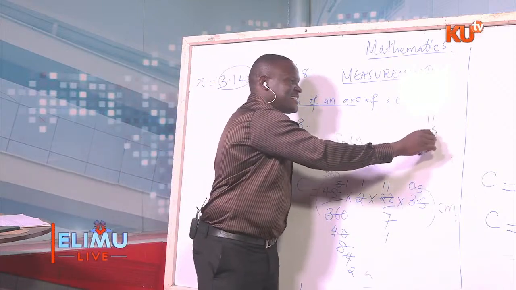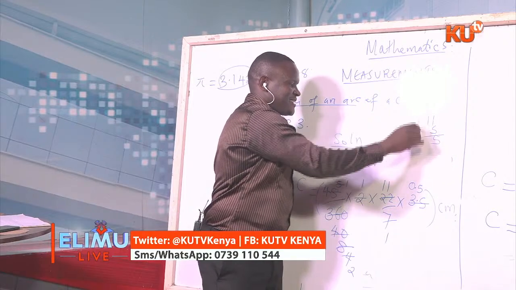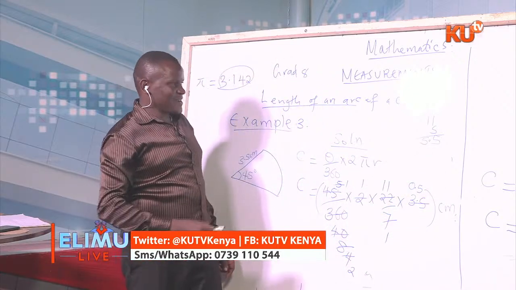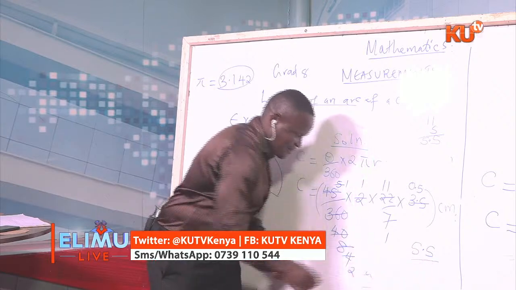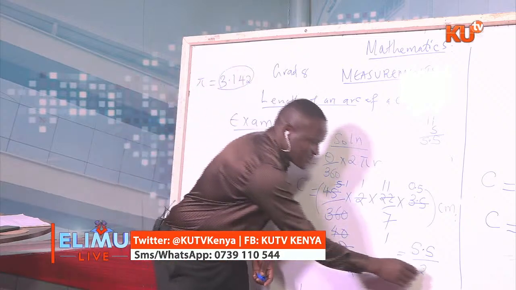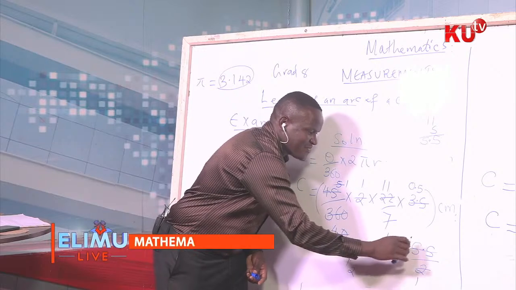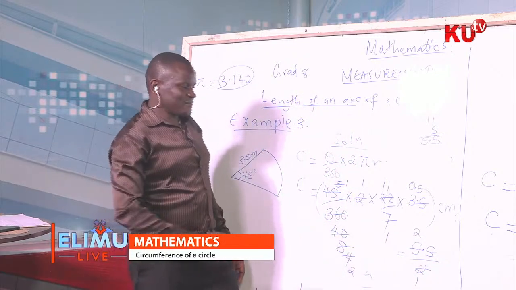So very fast, let's multiply this. 5, 5. So we have 5.5. 5.5 over 2. Don't forget that 2. So 2 into 2, once, into 5, 2, which brings 4.